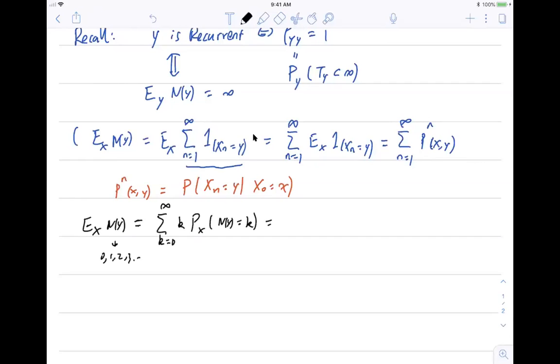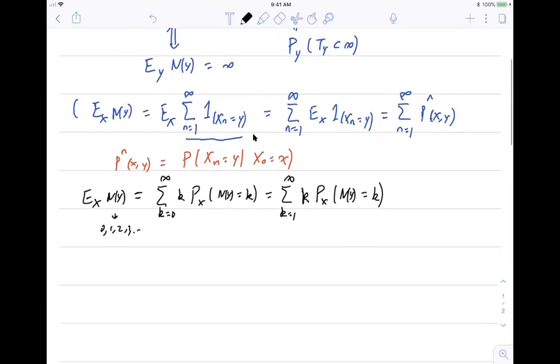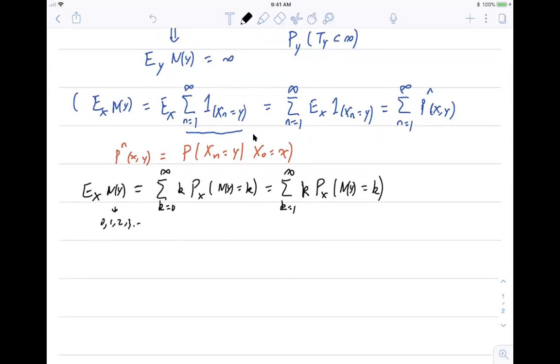K equals 0 doesn't matter, so this really goes from 1 to infinity: the sum of k P_x(N(y) = k). Just the definition of expectation. And you can check the following; we use this several times.